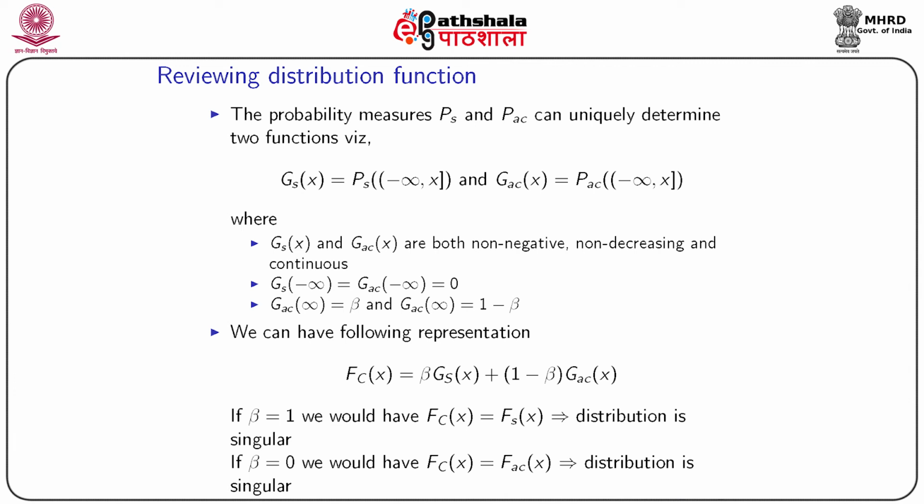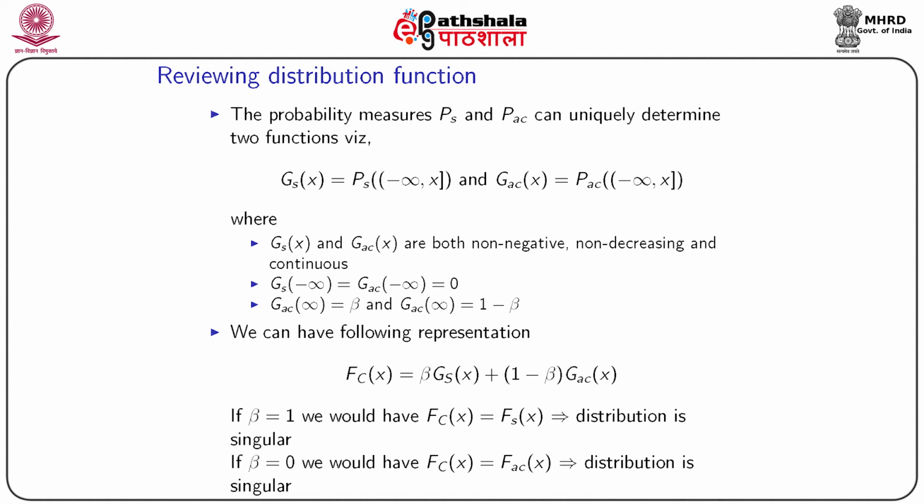With the property G_s(minus infinity) and G_ac(minus infinity) equal to 0, G_s(infinity) equal to beta and G_ac(infinity) equal to 1 minus beta. We can have the following representation: F_c(x) can further be written as a convex combination of G_s and G_ac, beta G_s(x) plus 1 minus beta G_ac(x).